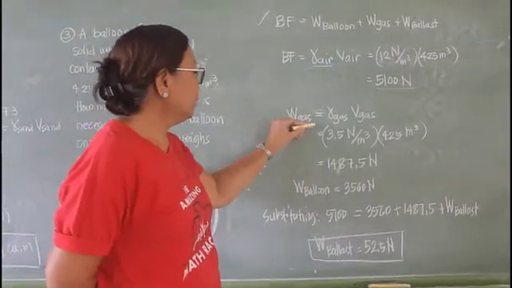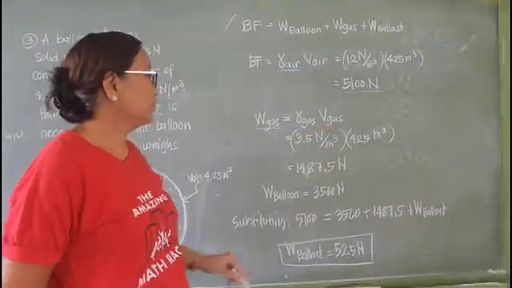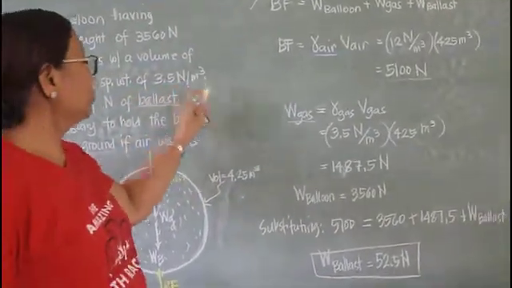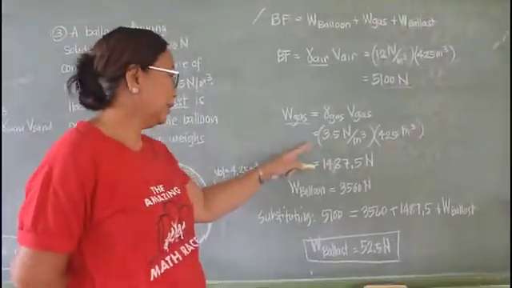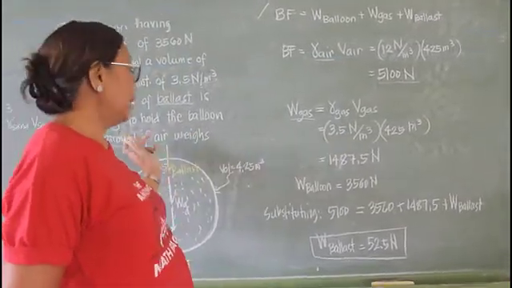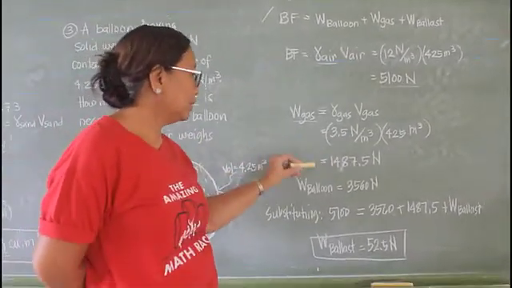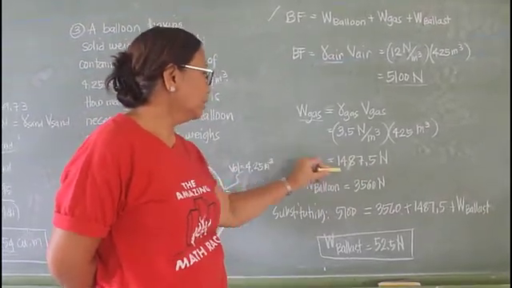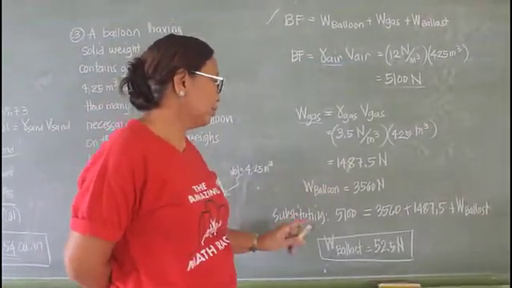Now, the weight of the gas is the unit weight of gas times the volume of gas. So, given yung unit weight ng gas na 3.5 newton per cubic meter. Then, lighter than air, which is 12 newton per cubic meter. So, ang weight ng gas na nando sa loob ng balloon is 1,487.5.